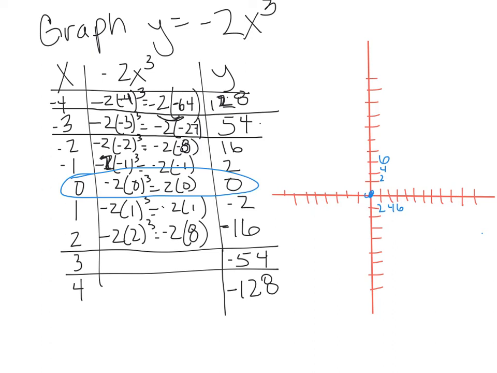So the next point I'm going to graph is going to be my 1, negative 2. So 1 is going to be halfway between the 1 and the 2, but at the -2. And then I'm going to graph my 2, -16. So 2, and then 2, 4, 6, 8, 10, 12, 14, 16.